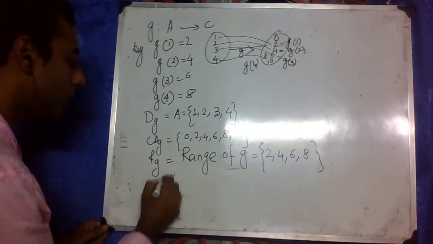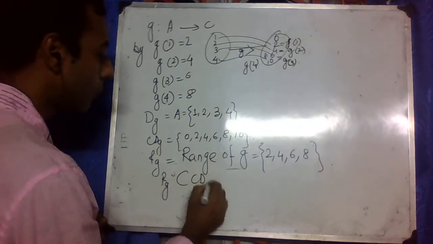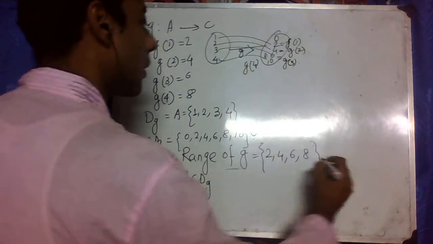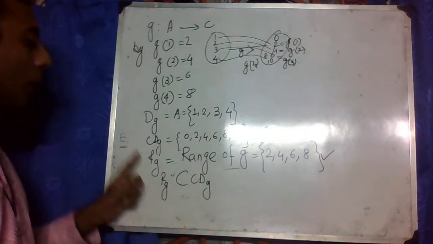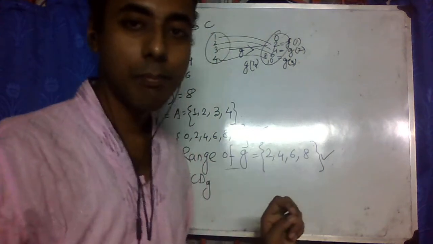Now here range is a subset of codomain of g. Codomain this, range this. So range is a subset of codomain of g.